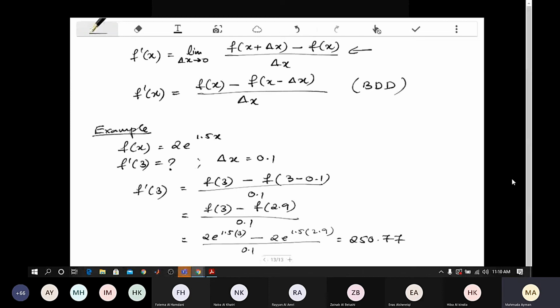Okay, so now again, let's go ahead and calculate the true value. So for f dash, or you can say f prime of 3, we got approximately 250.77 when we took the delta x to be equal to 0.1 in backward divided difference.